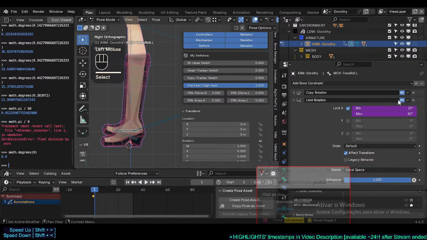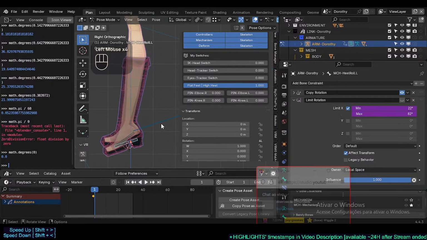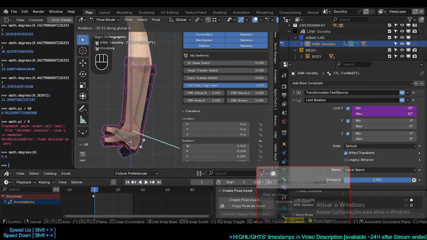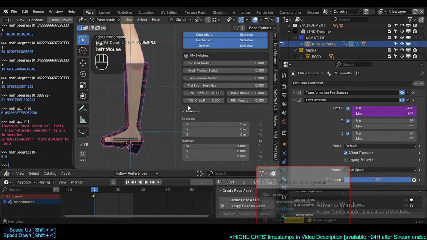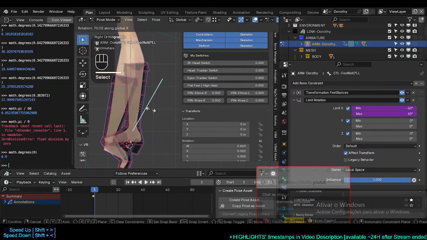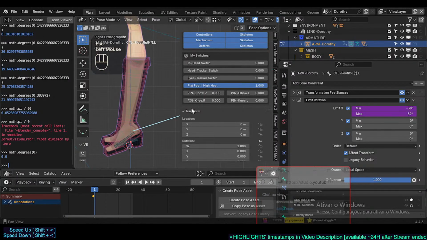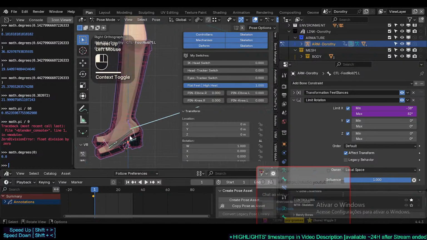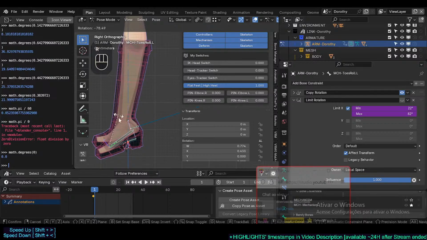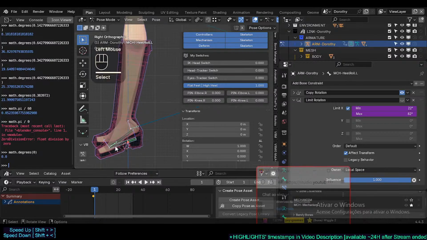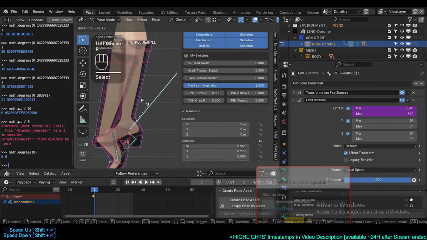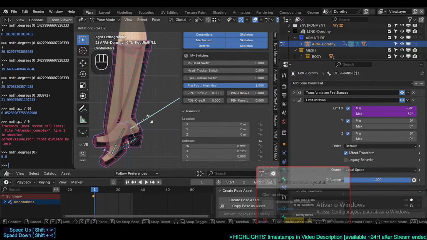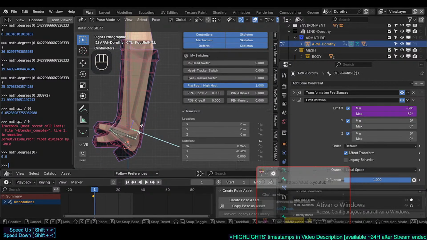It's hard to read exactly. Limit rotation. Okay, so this rotates pivoting from here. So what is this for?